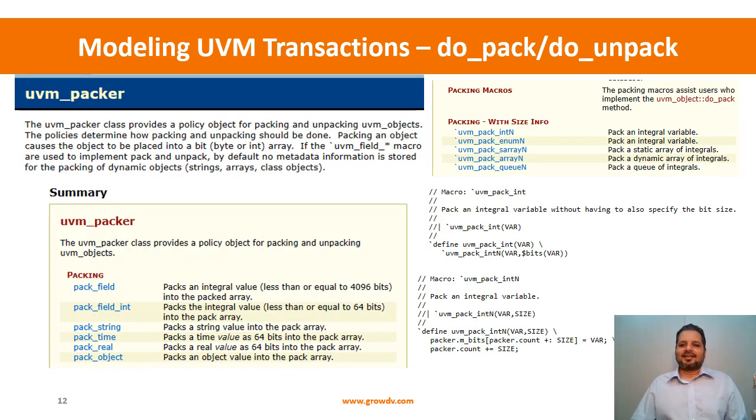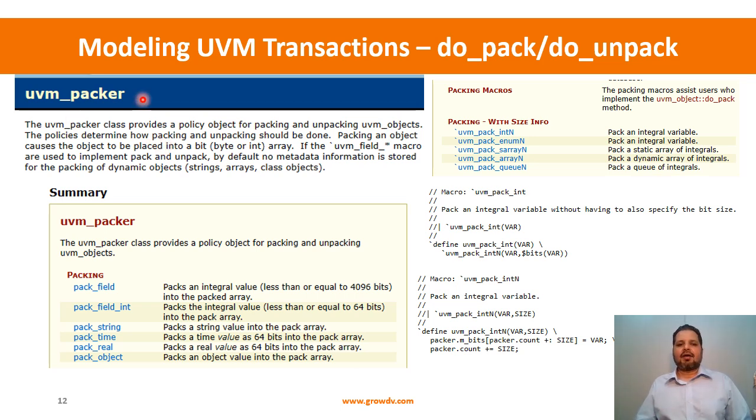So we'll look at a couple more transaction modeling functions, and they are pack and unpack. Before we jump into the pack and unpack functions, I just wanted to quickly talk about the policy class. These policy classes are the arguments that we have been seeing. For example, with the UVM do print function, we saw that we had the UVM printer.